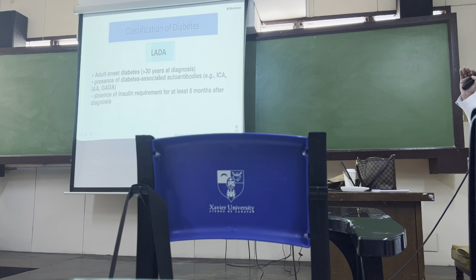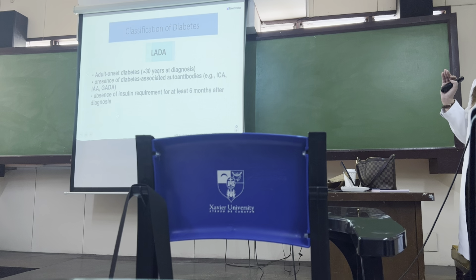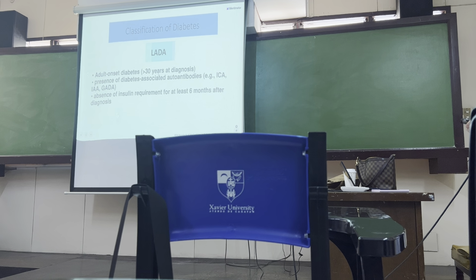Type 1 DM patients have really elevated blood sugars requiring larger insulin doses compared to patients with type 2. Therefore, if you have a high index of suspicion, you can request for autoantibodies, and if there is presence of such, then you can classify this patient as LADA.